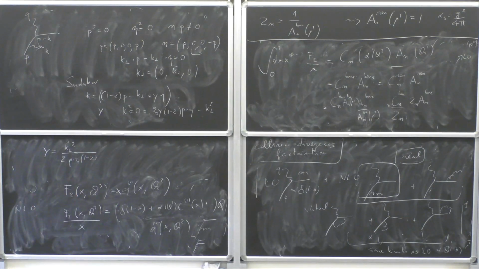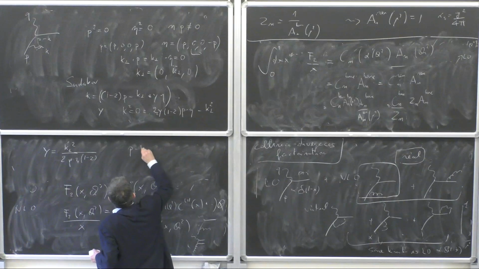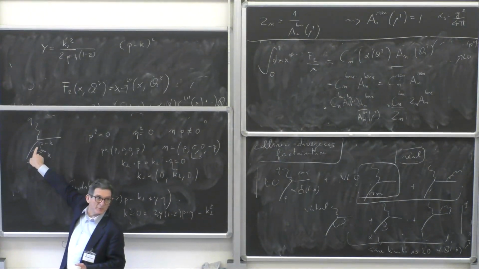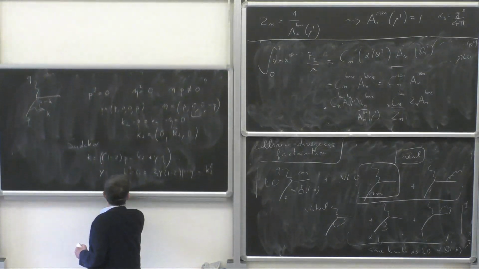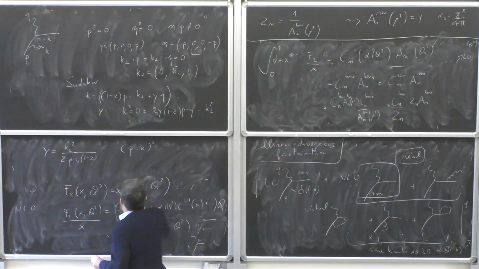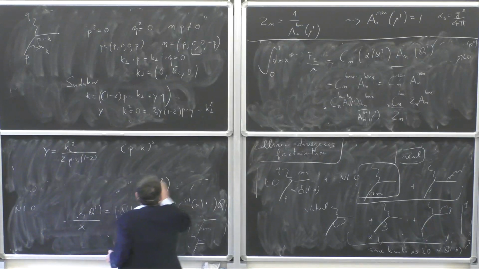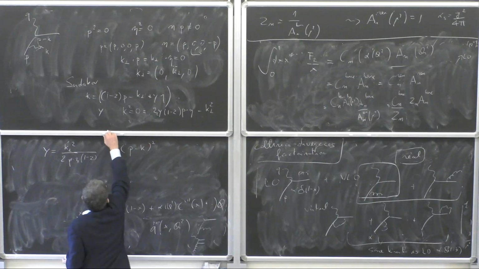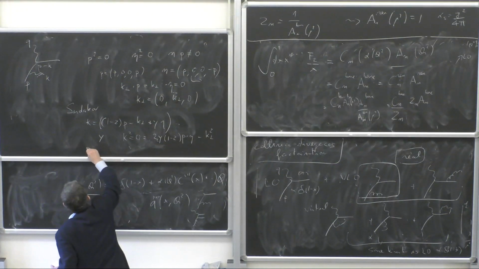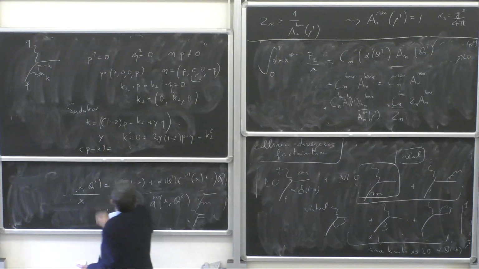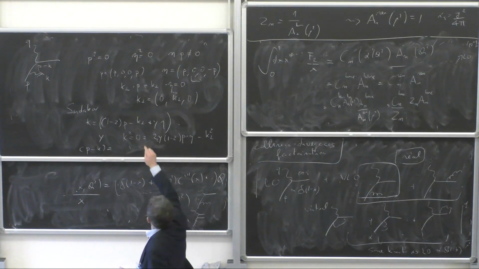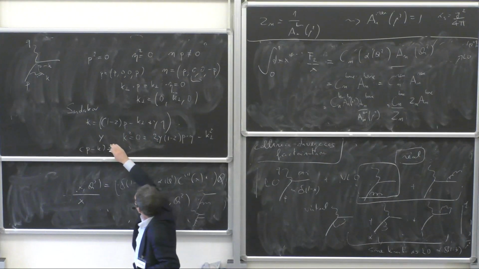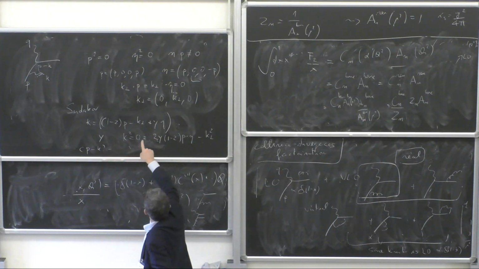Okay? Now, with this, I can calculate (P minus K) squared, which is the square of the momentum which is propagating here. What is P minus K equal to using Sudakov parameterization? I can get this immediately, because P minus K must compensate.